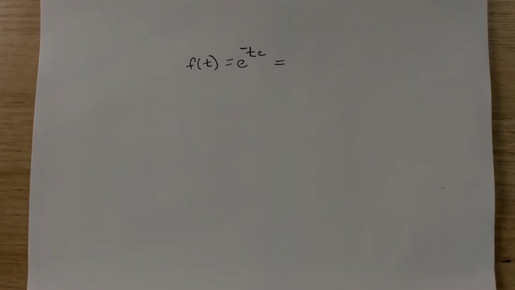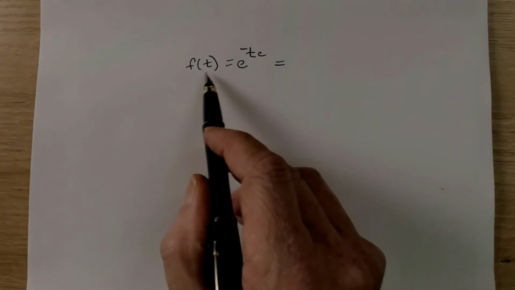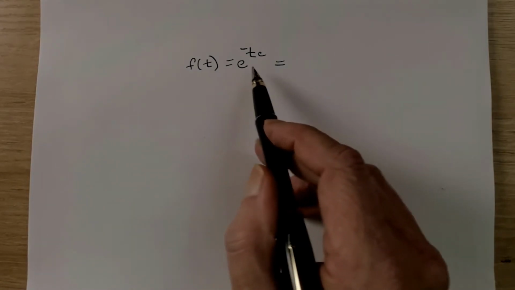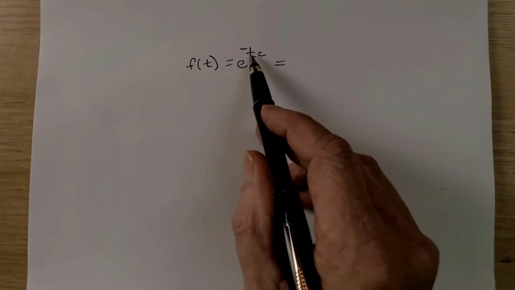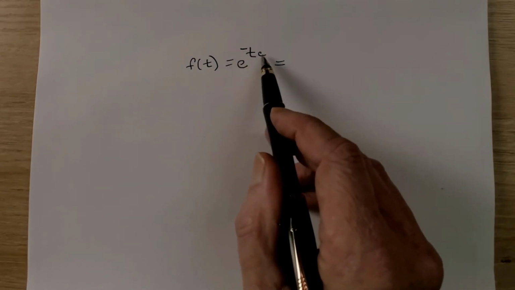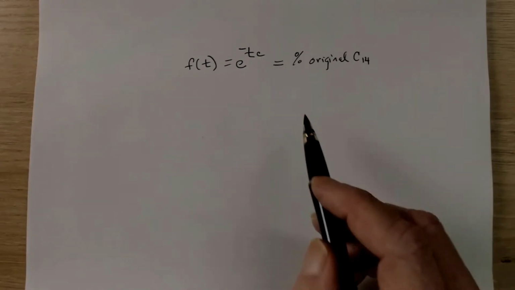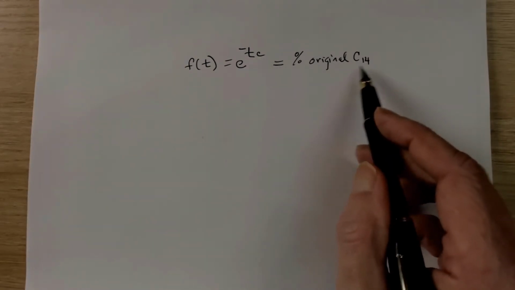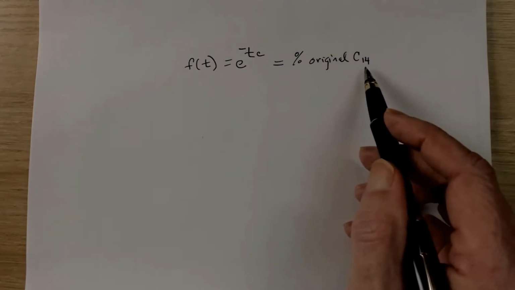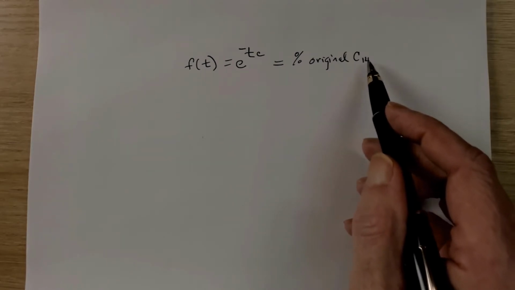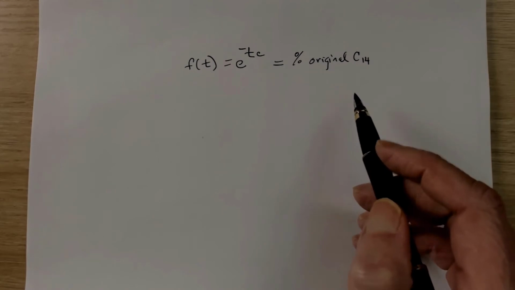Now here's the basic formula for figuring out radiometric dating. Given a certain amount of time, that means that e raised to the power of negative t times a constant will equal the percentage of the original carbon-14 in the sample. Now you can use any radiometric isotope in place of this carbon-14, but we'll use carbon-14 as the example.